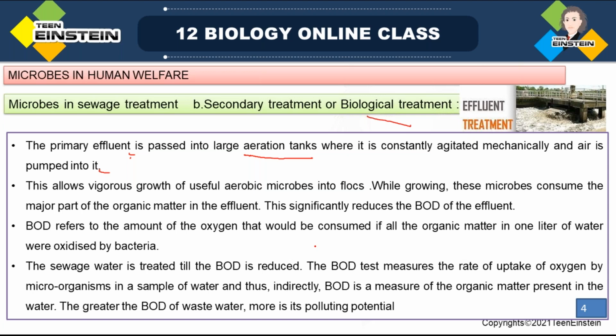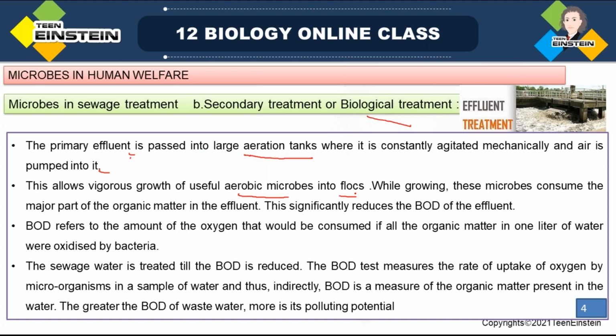This kind of treatment helps in the growth of useful aerobic microbes, microbes which grow under aerobic conditions.